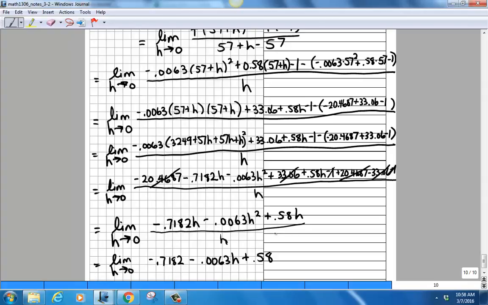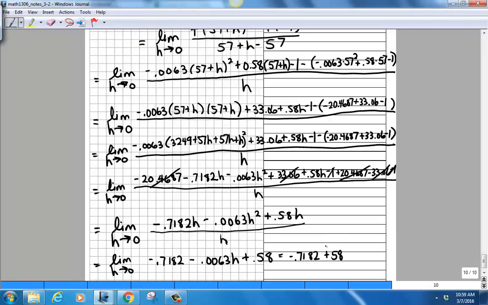So that term just sort of disappears. And what happens to this term? Doesn't change at all, right? Doesn't matter how big h is, because there's no h involved in that term, you see. So ultimately, when h goes to 0, all you get left with is the minus 0.7182 plus the 0.58. That's it, because the middle term will disappear. And what is minus 0.7182 plus 0.58?